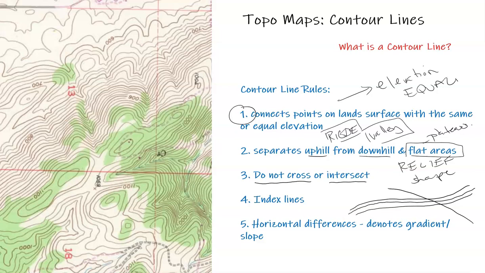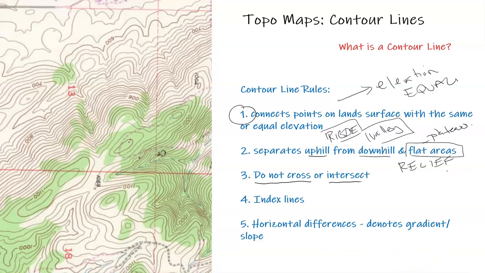If you have 2 crossing over, you're saying that in these locations, on the same location, you have two different elevations, which is physically impossible. If you are on a certain location on the Earth, you're not going to be at 2 different locations at the same time on the same location.